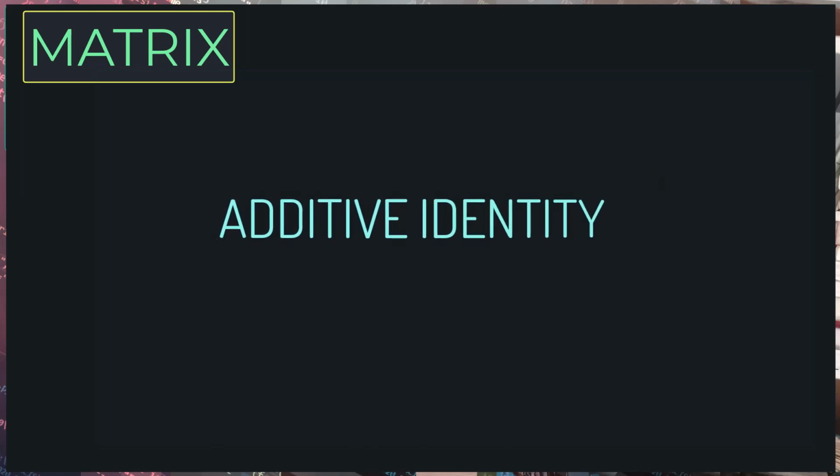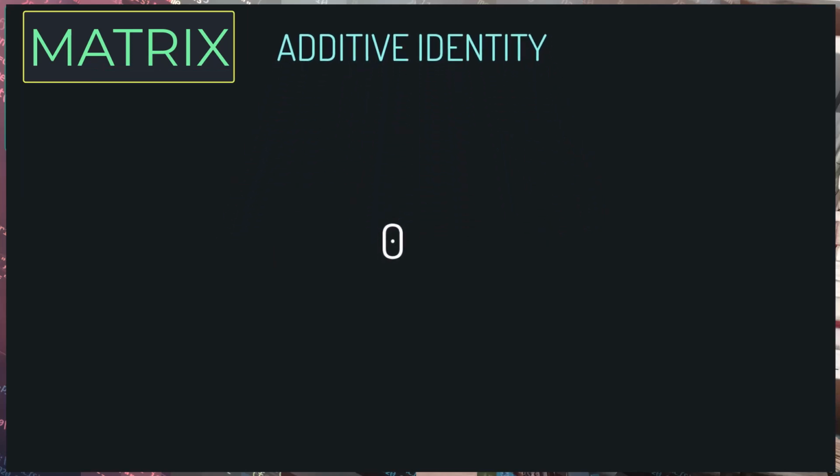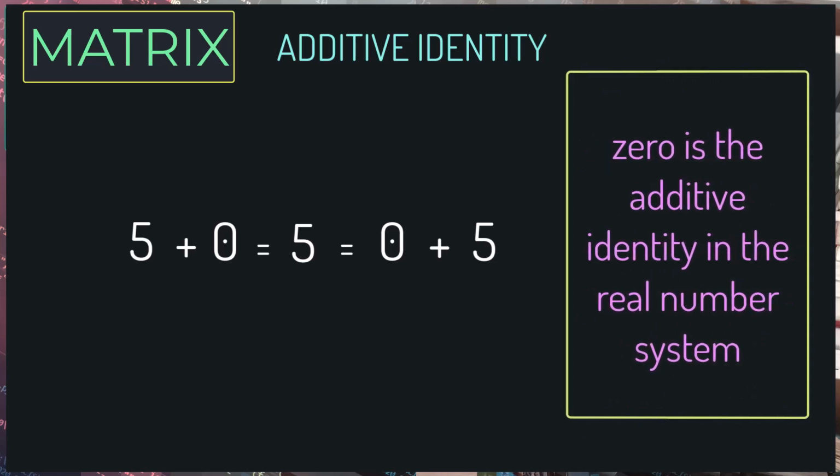Additive identity. In the real number system, we have 0. If we add 0 to any real number, or conversely, the real number to 0, we get the same number. Hence, 0 is called the additive identity in the real number system. Coming back to the system of matrices, do we have such a matrix which when added to any matrix, we get the same matrix?